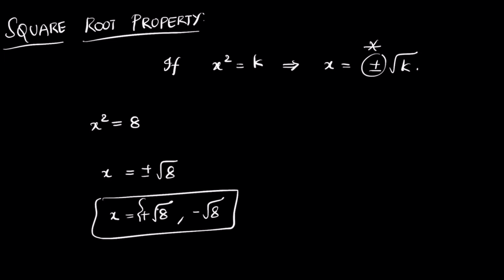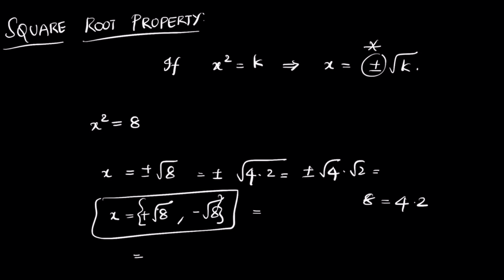So this is the set of answers that you can get. You can further simplify. We know that 8 is equal to 4 times 2, so we can write it as plus or minus under root 4 times 2, so plus or minus root 4 times root 2. Root 4 is 2, so we can write plus or minus 2 root 2. So these are the values that we have.